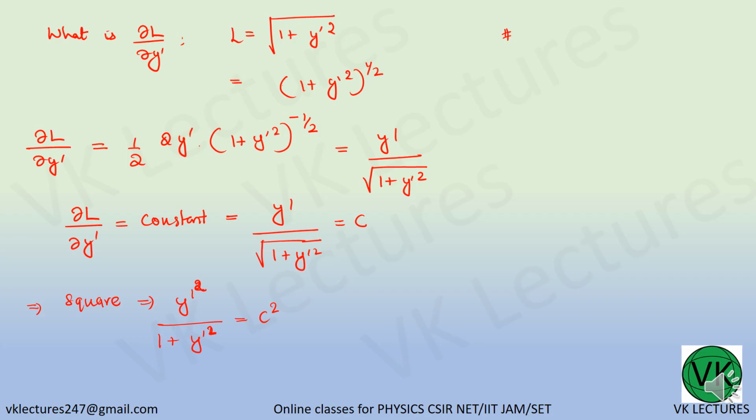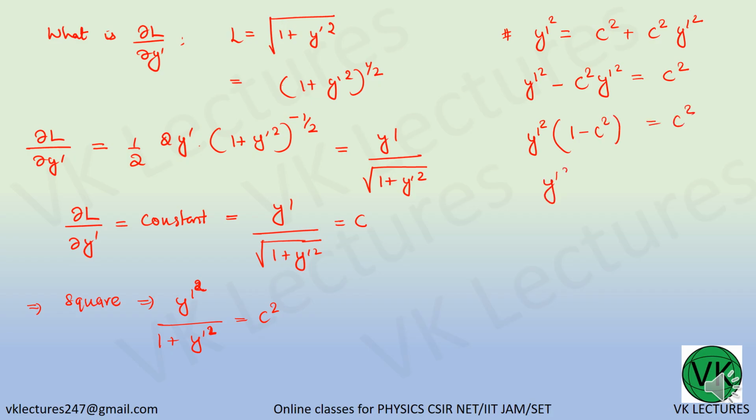Now we need y'^2, so y'^2 equals c^2 plus c^2 into y'^2. So y'^2 minus c^2 y'^2 equals c^2. Bringing y'^2 out, (1 - c^2) y'^2 equals c^2. So y'^2 equals c^2 divided by 1 minus c^2. Now y' is equal to the root of c^2 divided by 1 minus c^2.